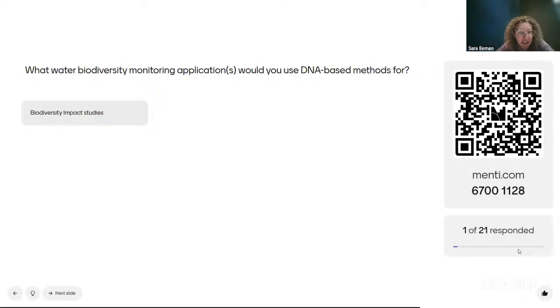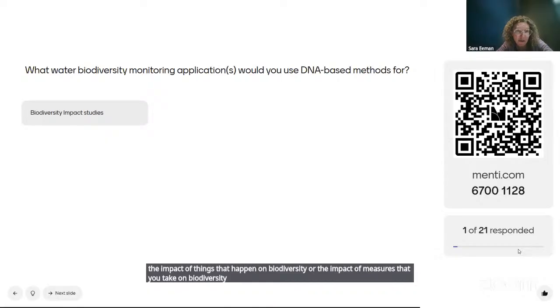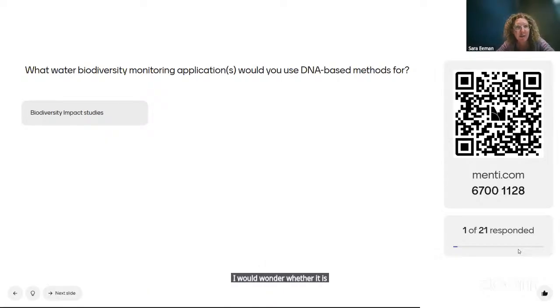So biodiversity impact studies, that is to say the impact of things that happen on biodiversity, or the impact of measures that you take on biodiversity, or both? I always wonder whether it is in a positive sense to show effects, or if some disaster happened and you want to see what the consequences were.